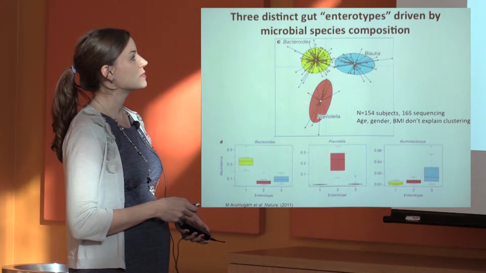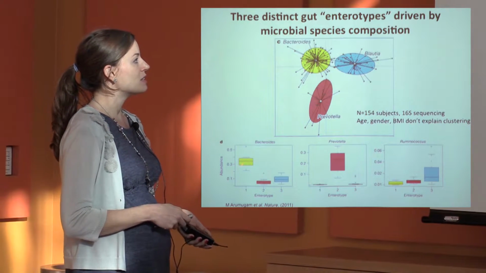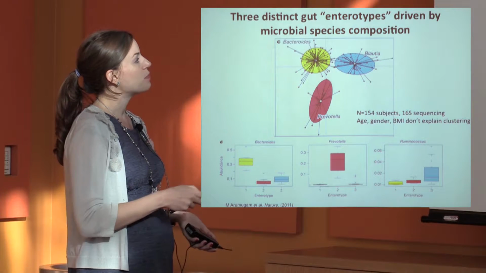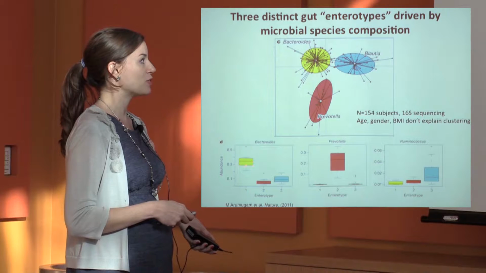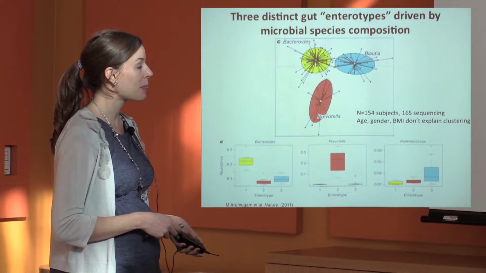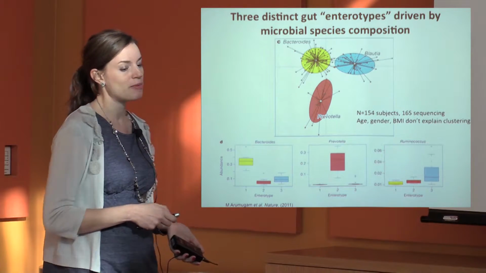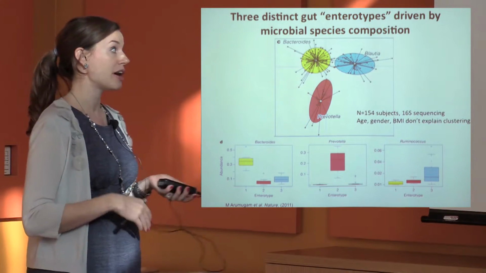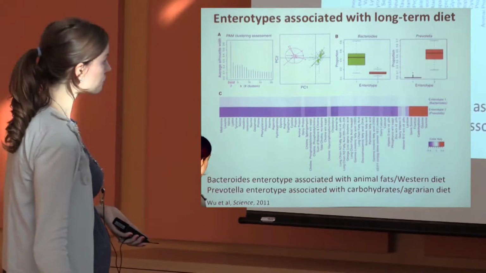It clustered pretty well. So for example, this one group, the yellow group, has a high concentration of this bacteria, Bacteroides. And they really couldn't find anything to explain this clustering. It wasn't based on age or gender or body mass index, really.